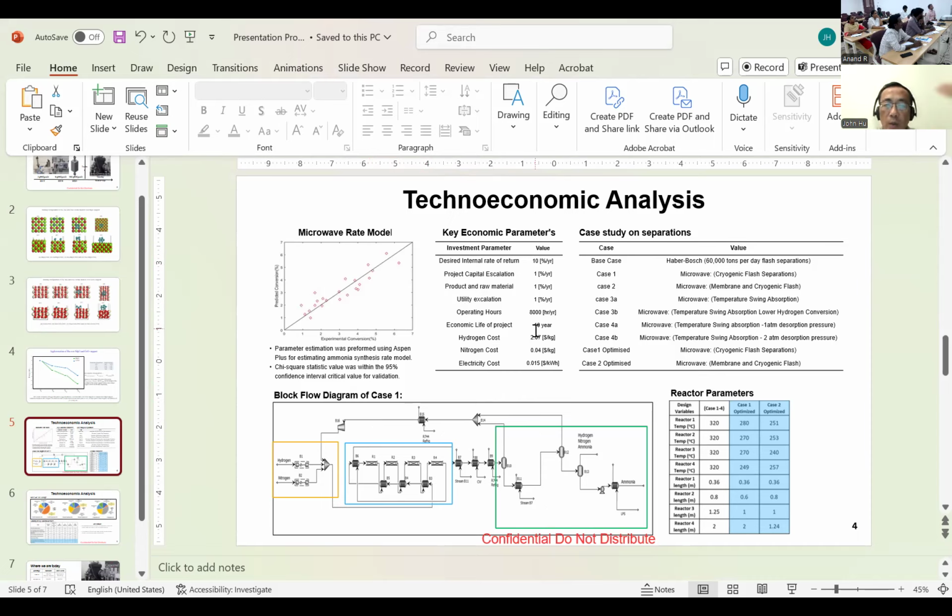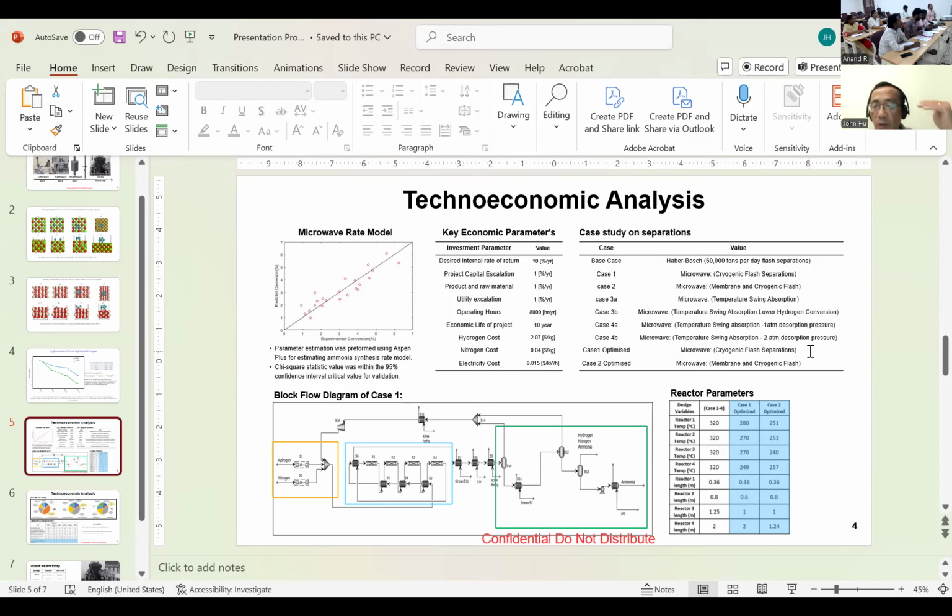and everything. Remember, we have seven cases. All those cases are described in here. Some cases are called cryogenic, some even membrane. Remember, when you lower the pressure of the process, you can use a different technology. Then we have thermal temperature swing absorption, and all 7 cases are listed in here.